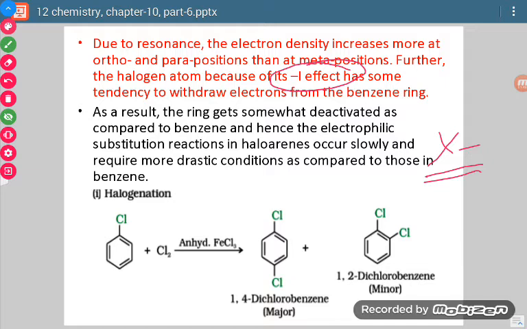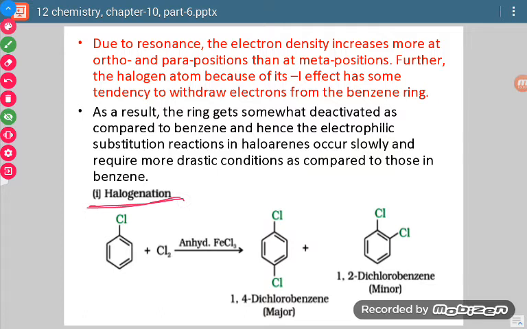So the addition of the electrophile at the ortho and para positions becomes a little bit difficult. It means that whenever we perform this type of reaction, there must be very good conditions for the addition of the electrophile. In normal conditions this will not occur, because the minus I effect will retard the addition.